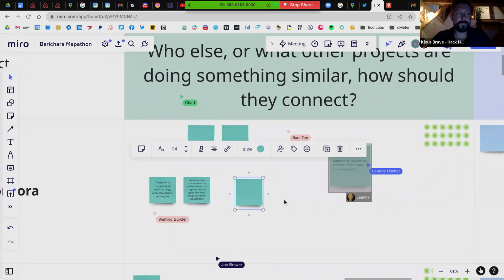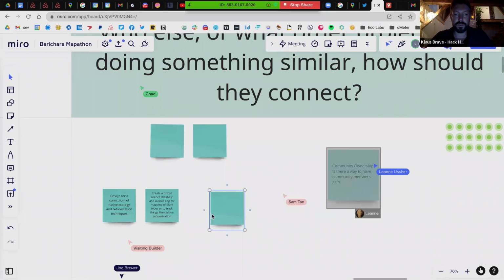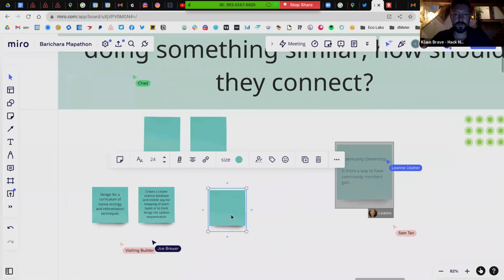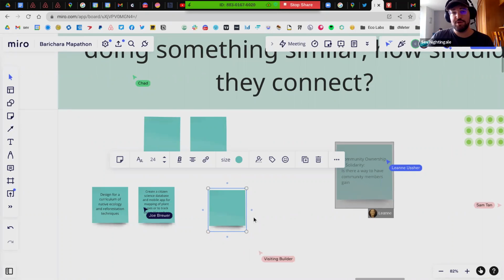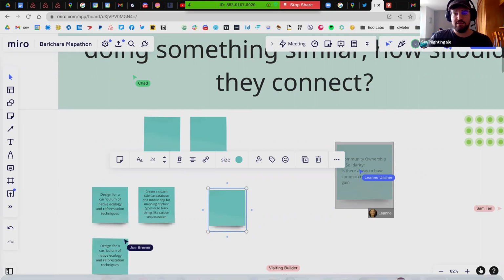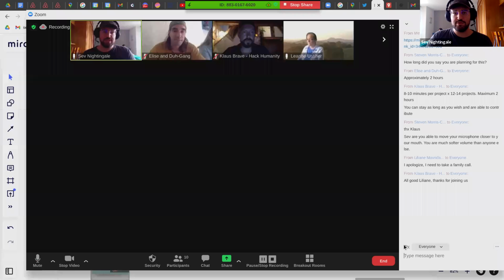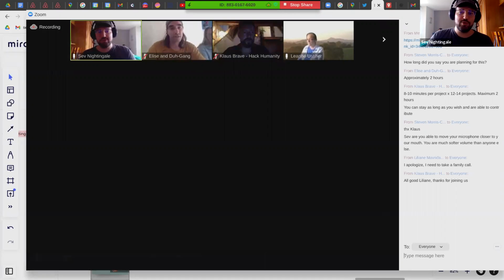Spend a few minutes on this connections question, and then we'll move on to the next. So feel free to take your time. And if you aren't able to use Miro, if you're on mobile or it's being glitchy, feel free to just type in the chat of Zoom, and I will transfer over to a sticky note on the Miro board. So you have that as an option.